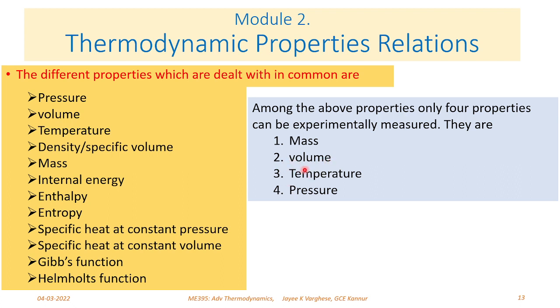Temperature can be measured by a proper thermometer. Pressure can be measured by devices like a manometer, pressure transducers, or pressure gauges. With the required accuracy, we can use different devices, but these four properties can be directly measured experimentally. Other properties cannot be measured directly.